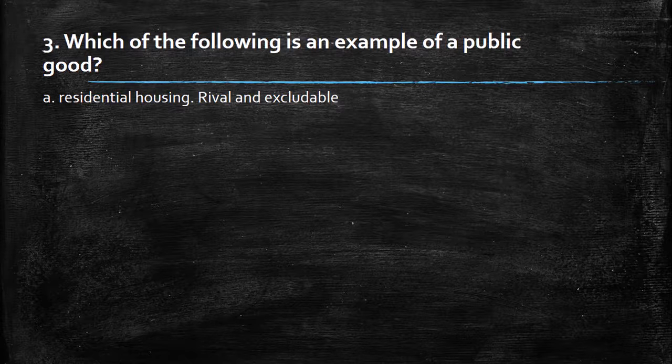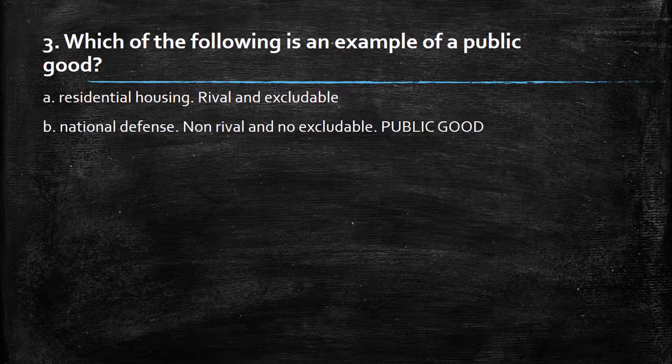And it's excludable, because for most residential housing you need to pay, so if you don't have money, you cannot stay there. So it's not a case of public good. National defense, as I said before, has the two characteristics of a public good: non-rival and not excludable. So definitely this is a public good.